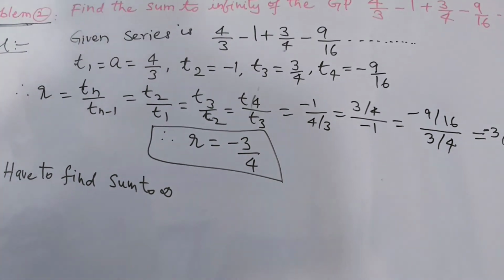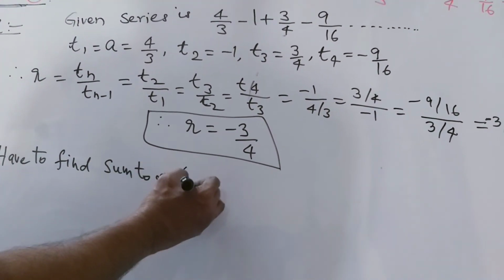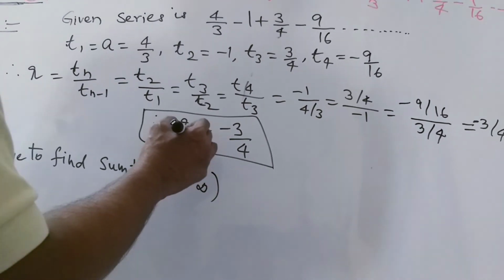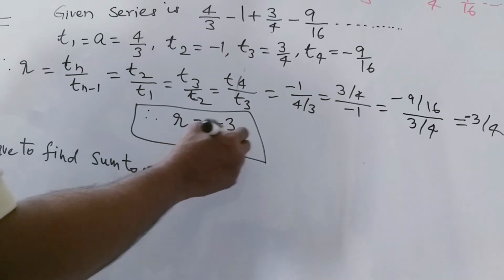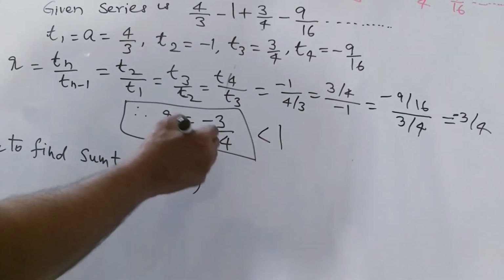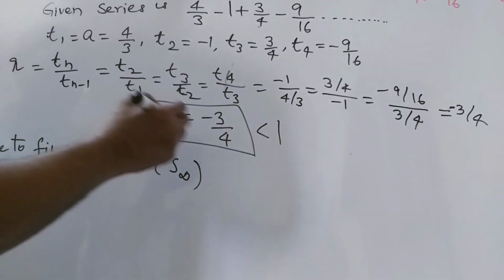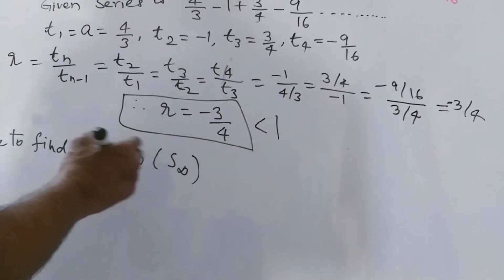Sum to infinity means S infinity. Here the common ratio is minus 3 by 4. It is less than 1. The common ratio is less than 1, not greater than 1.